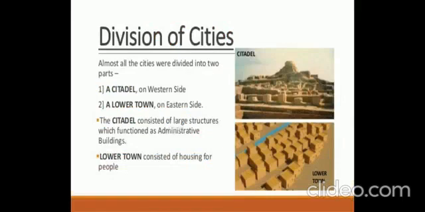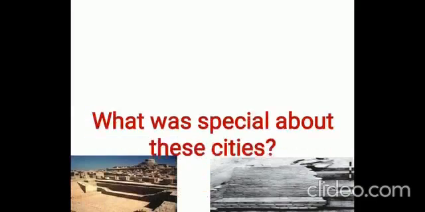Almost all the cities were divided into two parts, a citadel on the western side and a lower town on the eastern side. The citadel consists of large structures with functional and administrative buildings, and the lower town consists of housing for people. So now you understood what is the citadel and what was the lower town.